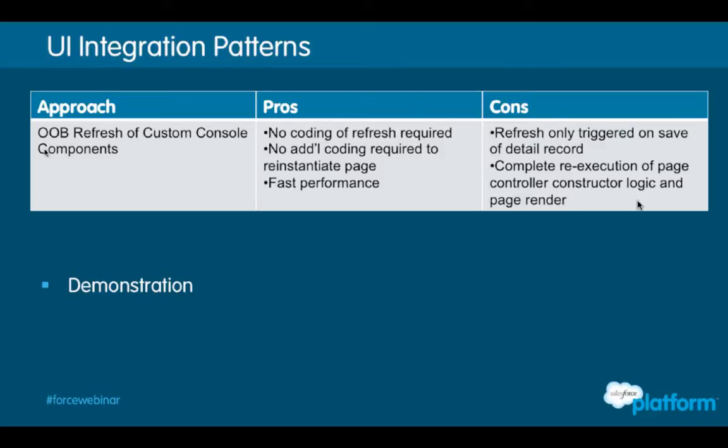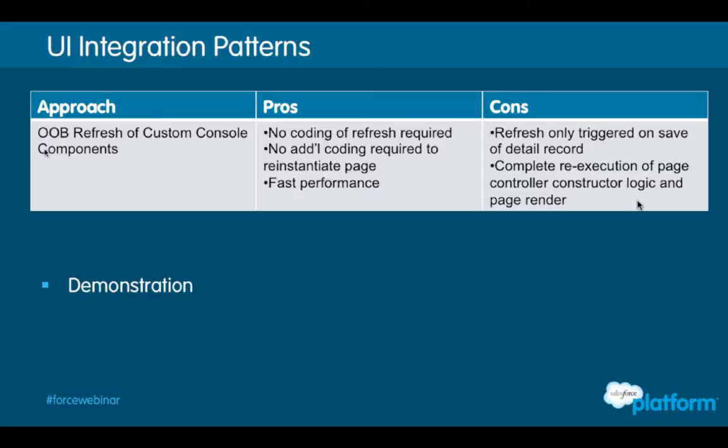Thank you, Clement. So another approach is an out-of-the-box refresh of custom console components. This is delivered for you automatically whenever the detail or the center record is updated. It will trigger a refresh of all the custom console components that you have delivered.